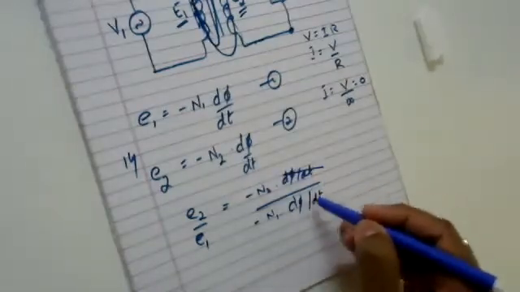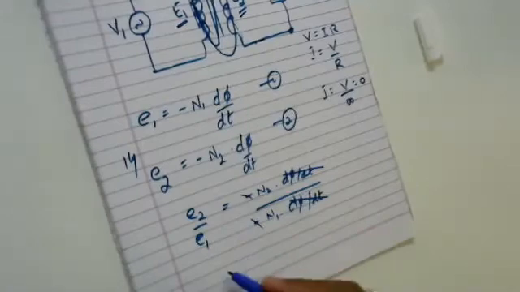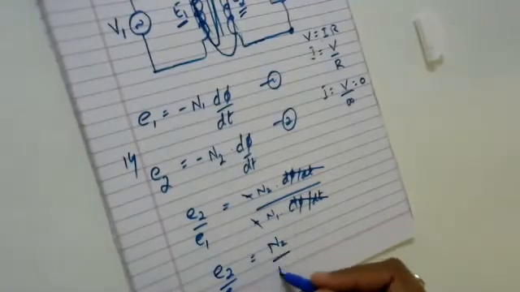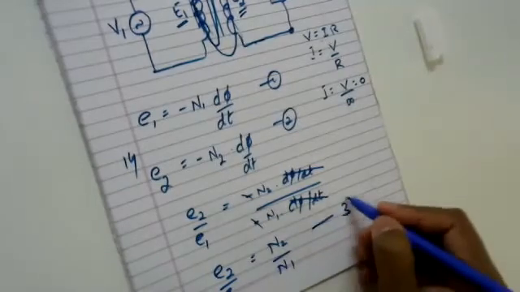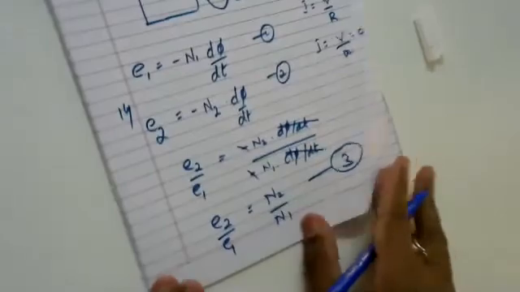So d phi by dt gets cancelled, minus minus gets cancelled, giving E2 by E1 equals N2 by N1. Let me call this expression number 3: E2 by E1 is equal to N2 by N1.